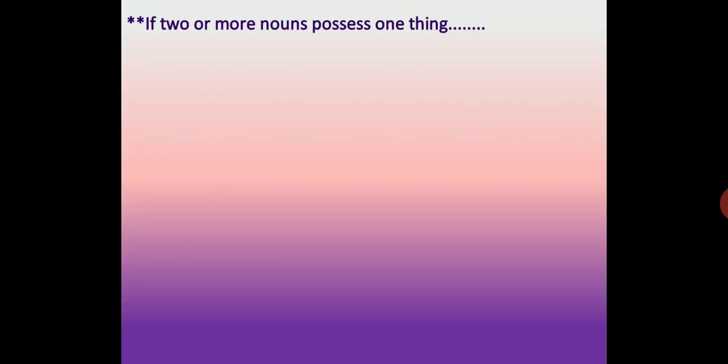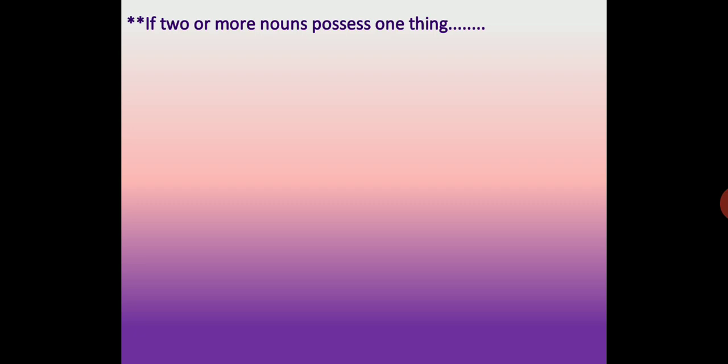The next rule will be, if two or more nouns possess one thing, when two or more nouns possess only one thing, then remember one thing, the thing will be in a singular form in the sentence.